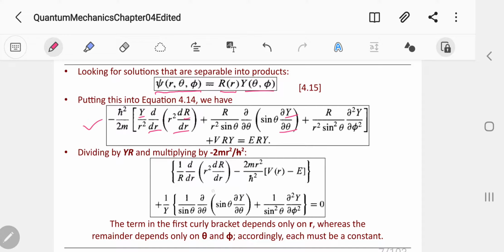So if you divide by YR and multiply by negative 2mr squared over h bar squared, you will reduce the Schrodinger equation into this form.